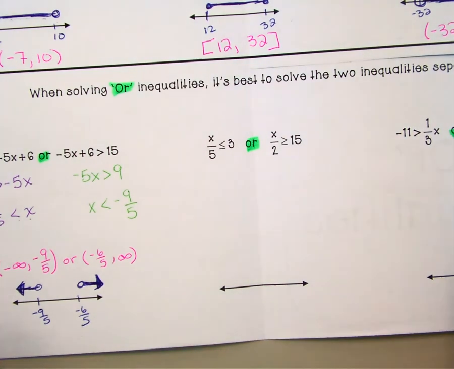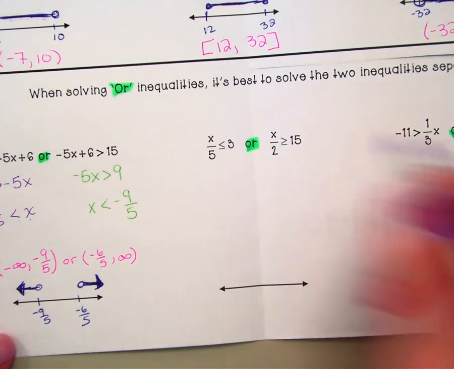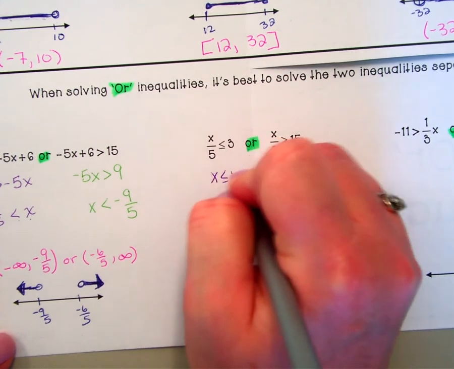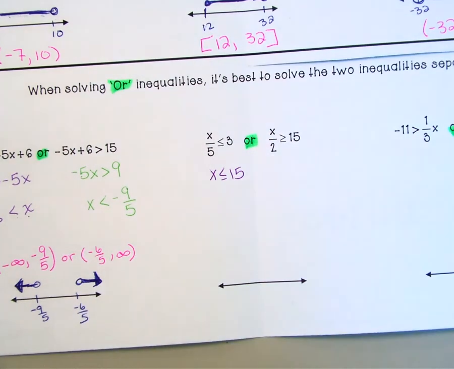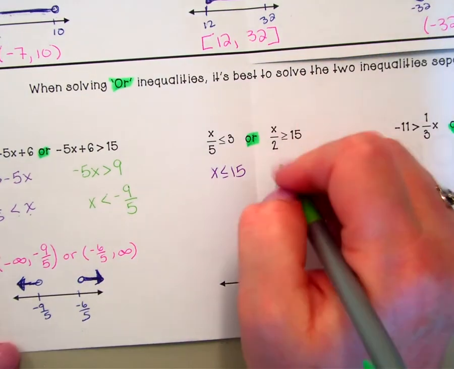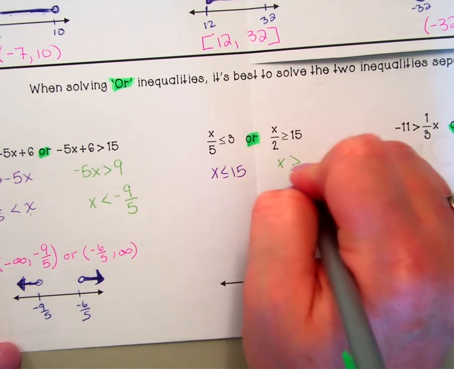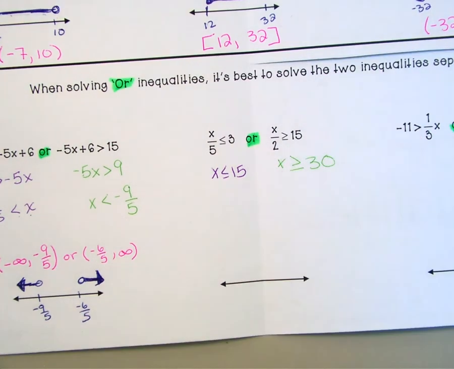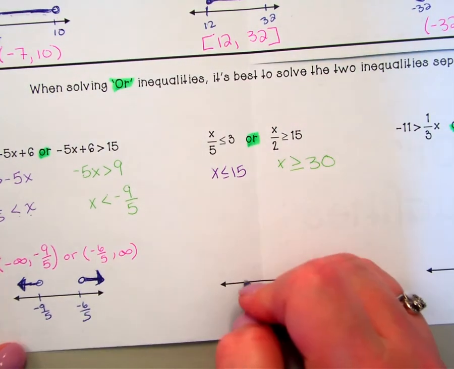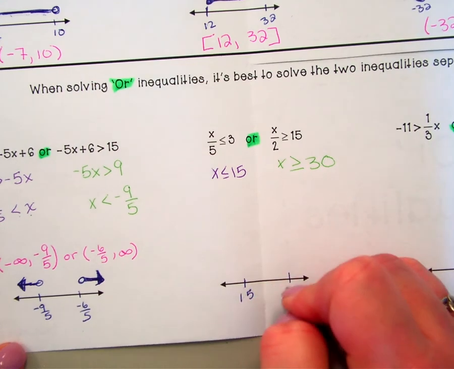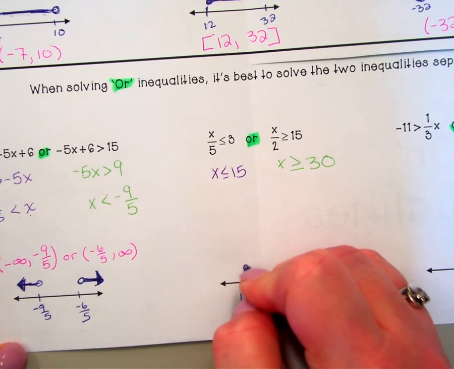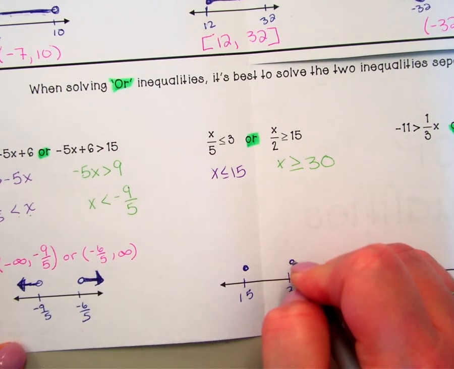All right, let's try again. Okay, multiply by 5. That one's done. Multiply by 2. That one's done. So I got 15 and 30. Both are closed circles.